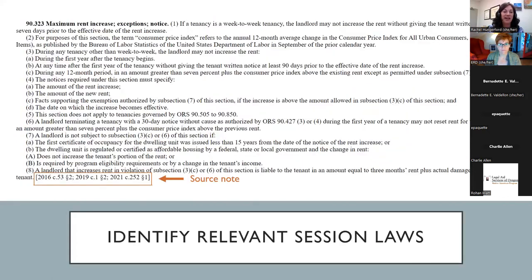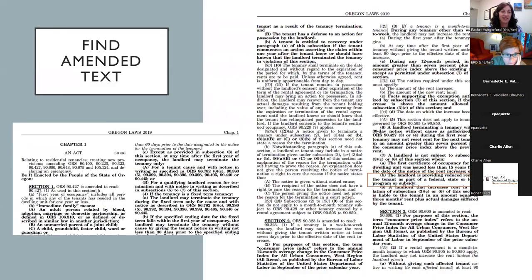And if you, again, in our hypothetical where we don't know when it was amended, I mean, it's always nice if you have a good sense of what time frame your statute was amended. If you don't, you may just be in the position of checking each of these session laws until you find your text. So here is the text I'm looking for.